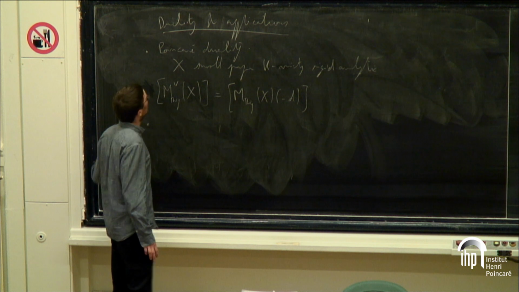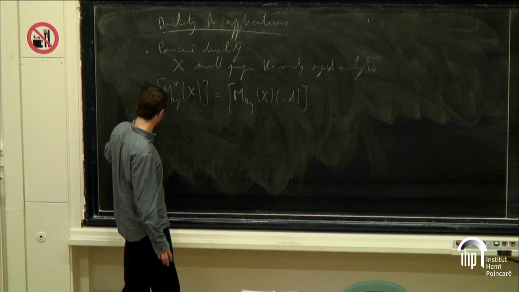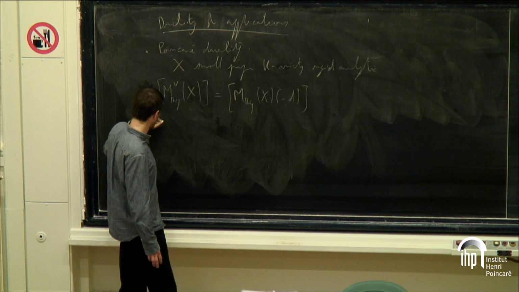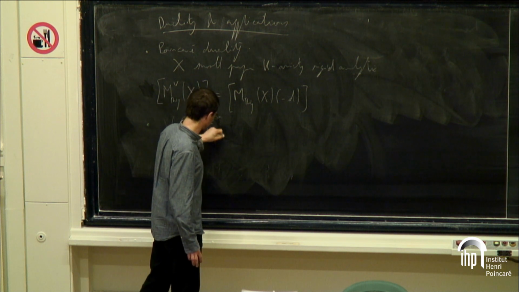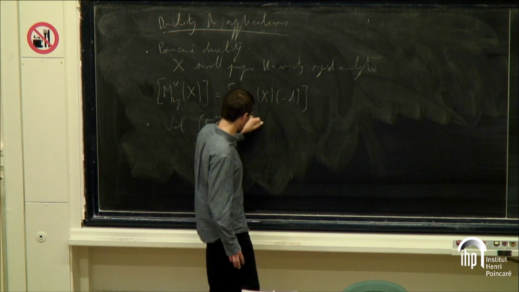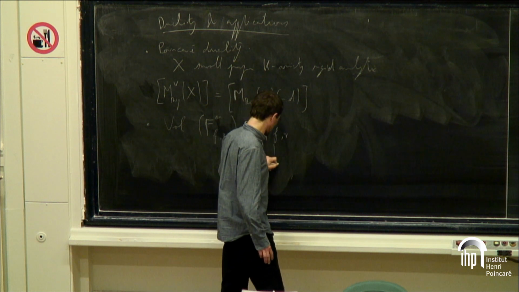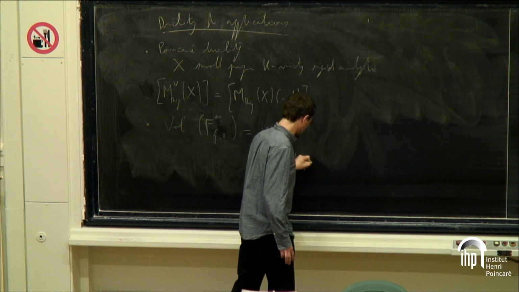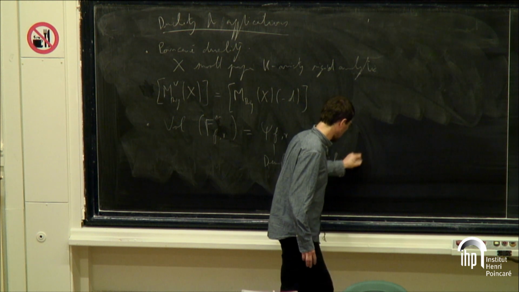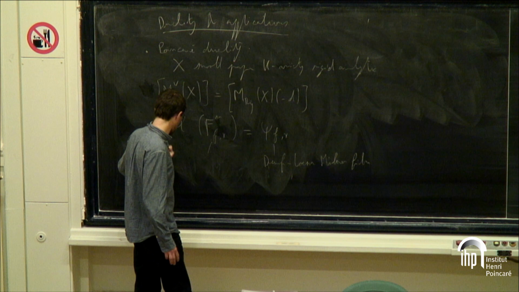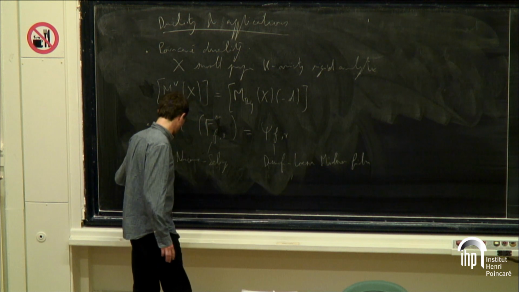And also, from the proof of the theorem, one can see that vol of the analytic Milnor fiber, which I will denote F_x, is equal to psi_{f,x}, where psi_{f,x} is the Denef-Loeser motivic Milnor fiber, and here it's the Nicaise-Sebag analytic Milnor fiber.